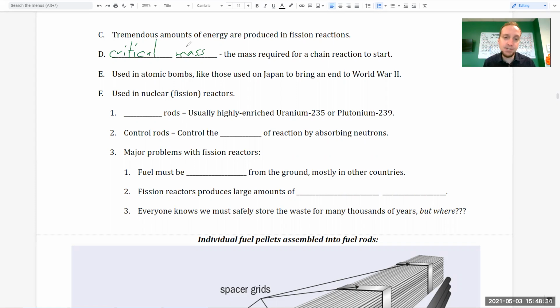All right, so these fission reactions are used in atomic bombs. We also use them in our nuclear reactors. Whenever we talk about nuclear power plants, we are always talking about fission reactors. Now, the way they work is we have something called fuel rods. Fuel rods, I'll show you what those look like in a second. They're usually very highly enriched uranium-235 or plutonium-239.